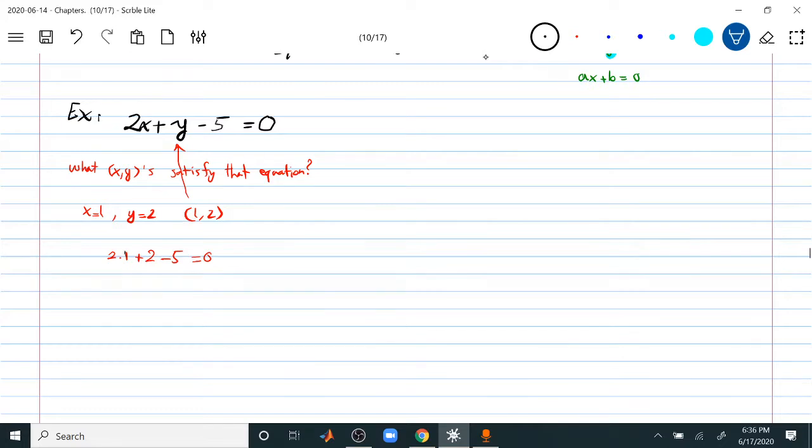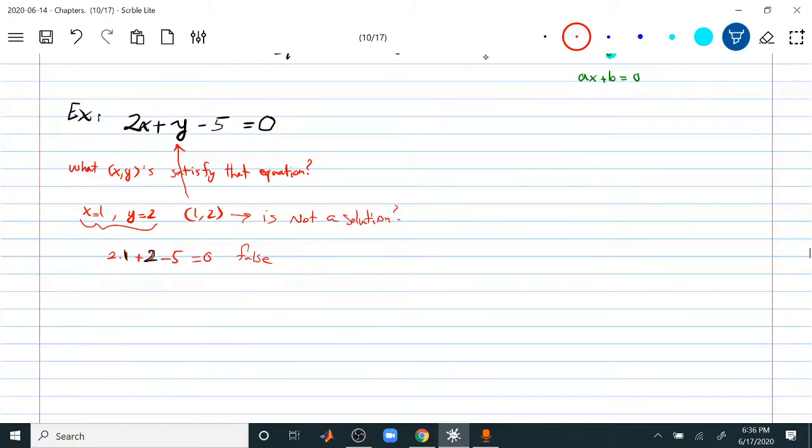These are the x and y values. Okay, does it work? 2 plus 2, 4 minus 5 equals 0? Not really. So this is a false statement. What does it tell me? That means if you pick these two numbers, 1 for x and 2 for y, you do not satisfy the equation. So it tells me that 1 and 2 is not a solution.